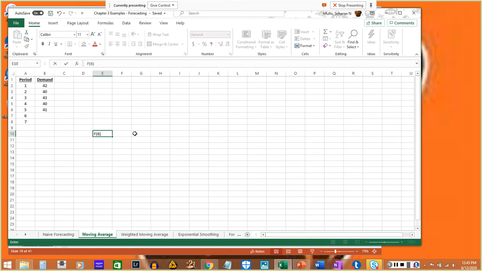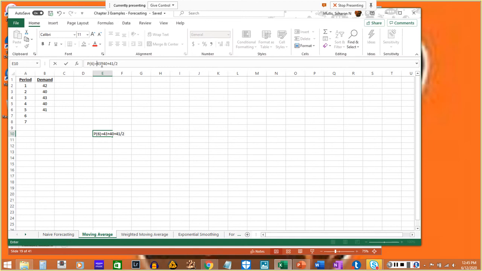So if we wanted to calculate period 6, so we'll do F6, or we'll make it P6 since we have periods. So that would be equal to 43 plus 40 plus 41. All of that is divided by 2.